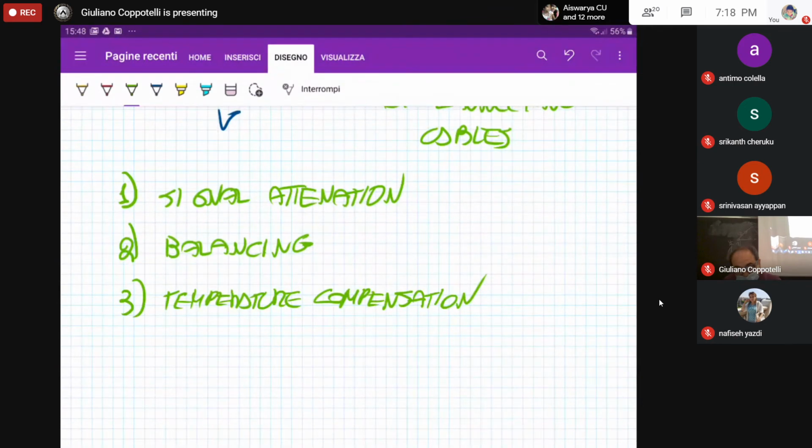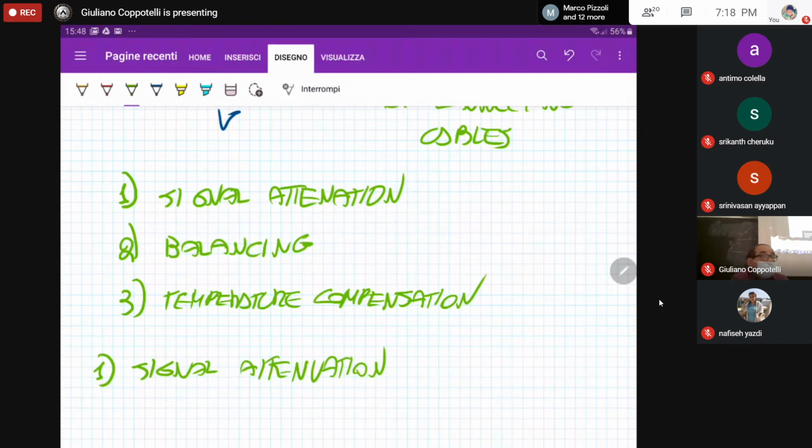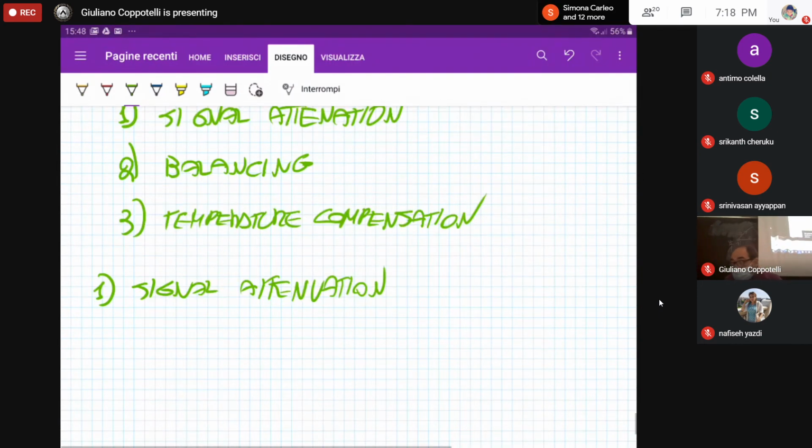So, signal attenuation. In order to take care of this signal attenuation, let's rewrite the overall resistance.